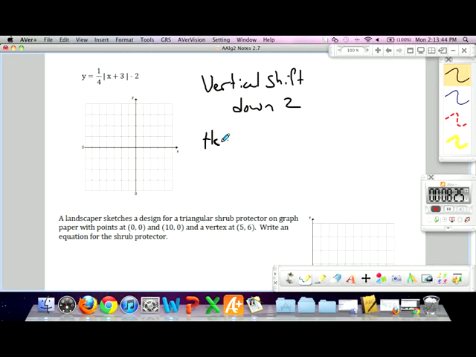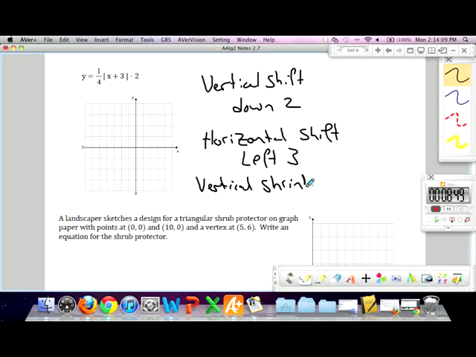And we've got a number multiplied to it, so this is a vertical either stretch or shrink. Since it's less than 1, this is a shrink by a factor of 1/4. So doing that, I'll go down 2, left 3, and then I'll shrink this by a quarter.